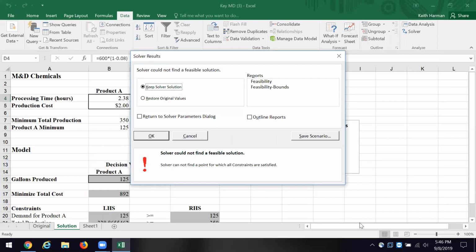It'll give me the warning: Solver can't find a point for which all constraints are satisfied. Something's got to give, in minimization problems and maximization problems and target values. So we try to work the best that we can.